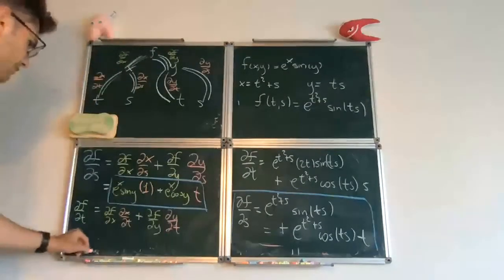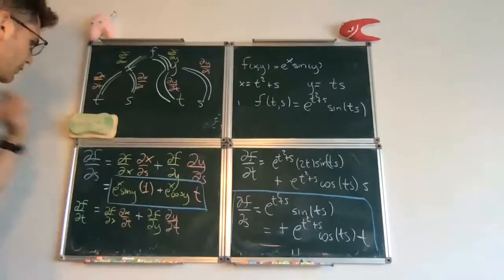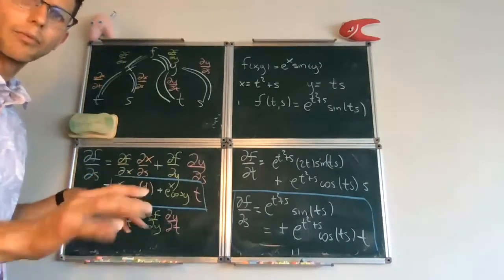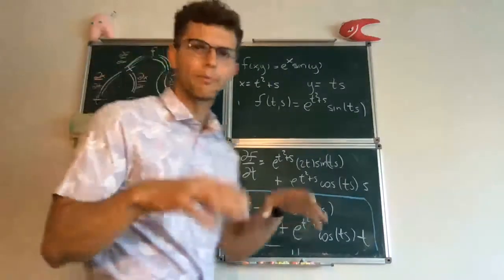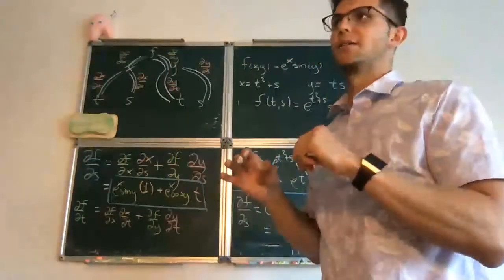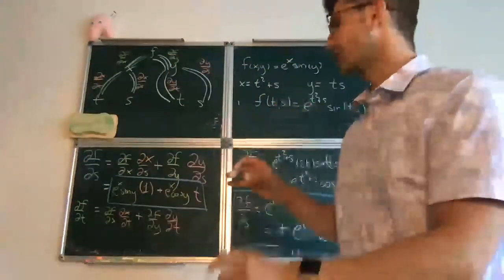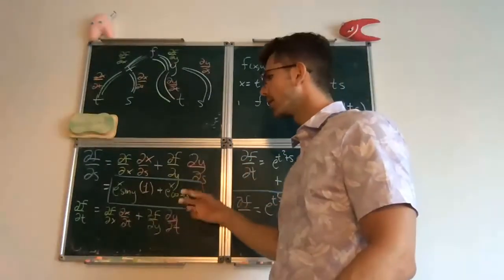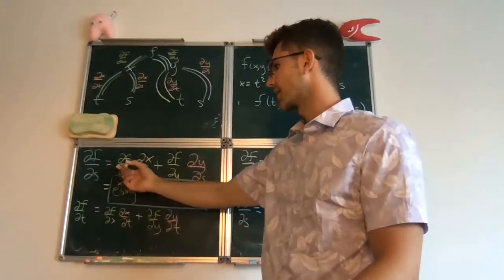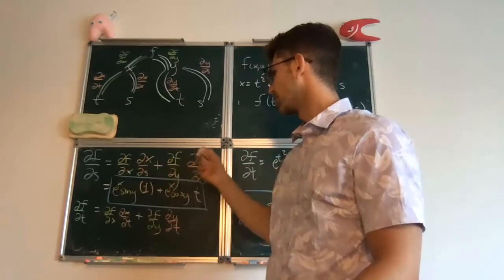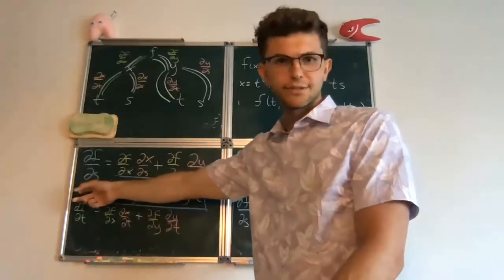Notice, before I forget to mention this, that if you were a completely formalism-type person, you would say, oh, symbolically it looks almost as if you're canceling this with this, and this with this, and it almost gives you what you want.